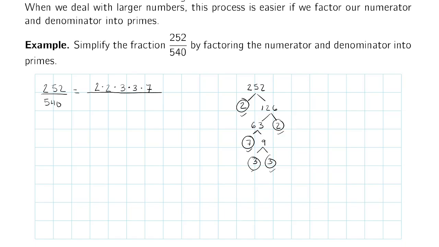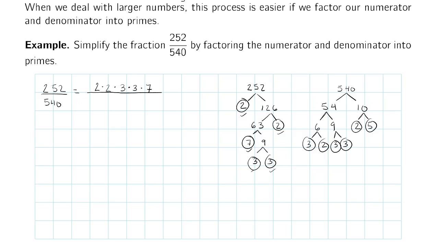Now I'm also going to factor 540 into primes. And because my last digit's 0, that gives me a fast way to get started. This is 54 times 10. 54, I know, is 6 times 9. 6 is 3 times 2, and those are prime. 9 is 3 times 3, and those are prime. 10 is 2 times 5, and those are prime.